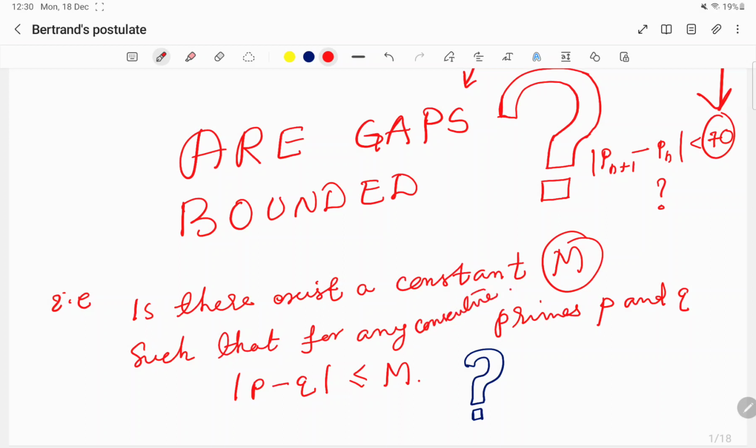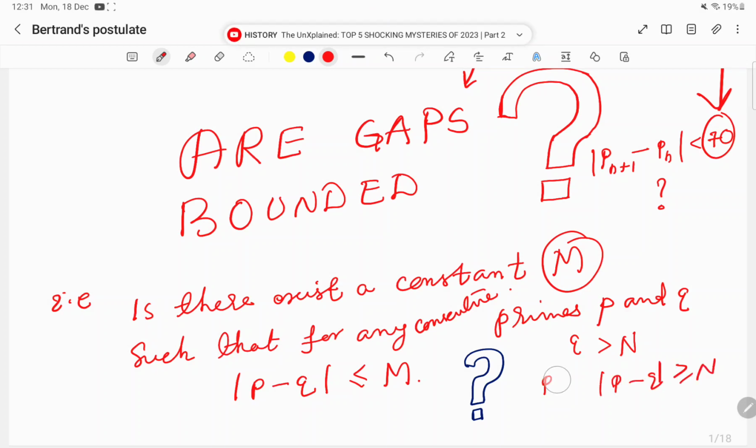For any two primes, it is easy to see that the gap is unbounded, because there are infinitely many primes. You take a prime number p, and since primes are infinite, you fix an n, and of course I will get a prime number q beyond it, so the gap is at least n. So that's not the question.